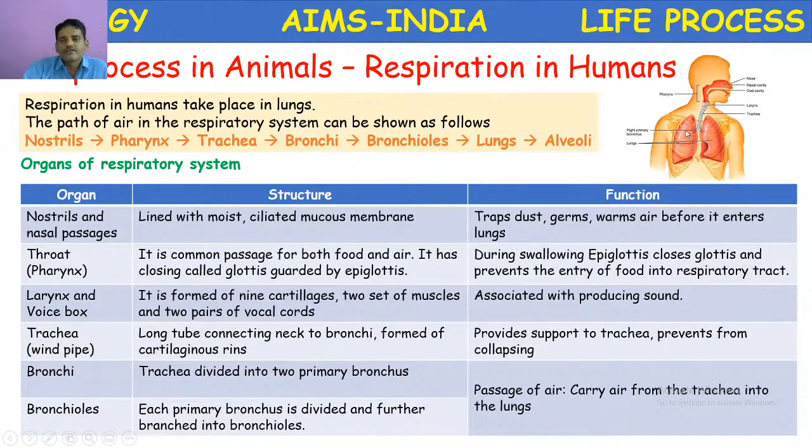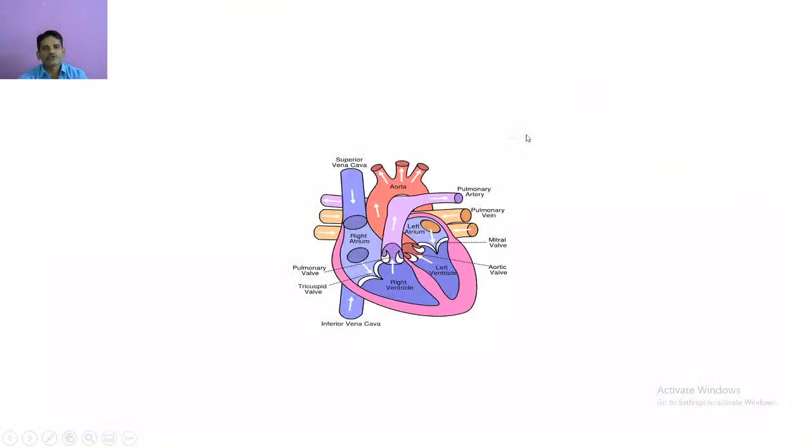From bronchioles, the air enters the alveoli, which are richly supplied with blood capillaries, where the exchange of gas takes place. Oxygen and carbon dioxide are exchanged in the alveoli with blood. So this is the concept of respiration in human beings.